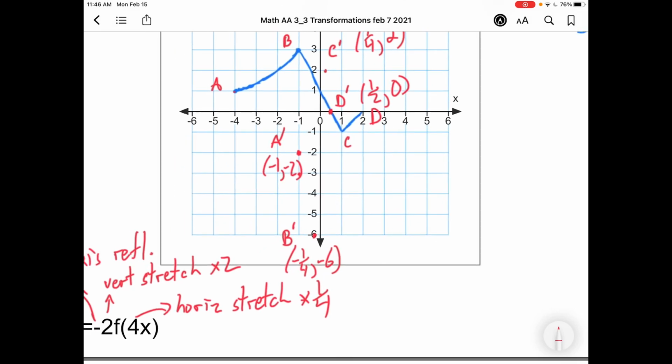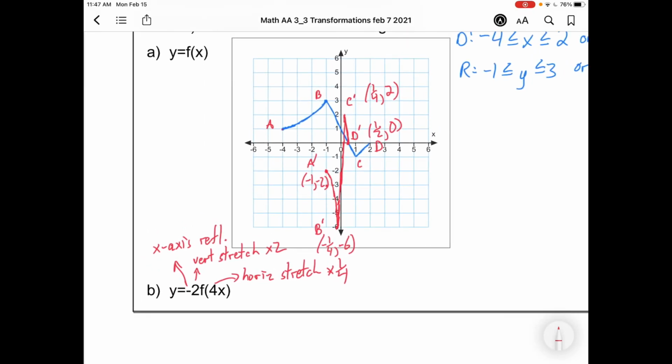I'm going to zoom in to try and do it properly. So it's got kind of a curvy bit here, and then a linear bit that's very, very steep between these two, and then a linear bit here.